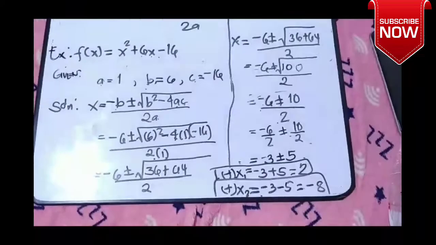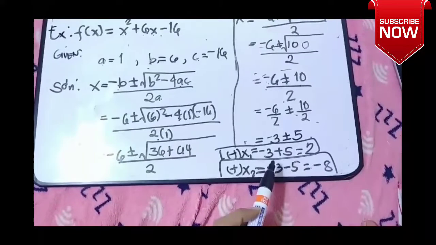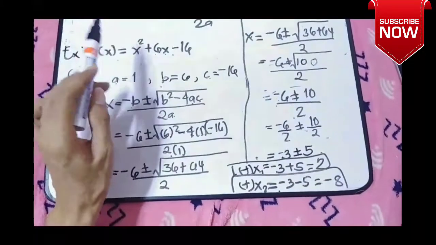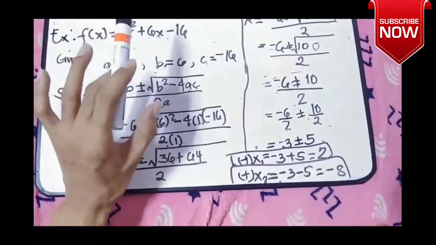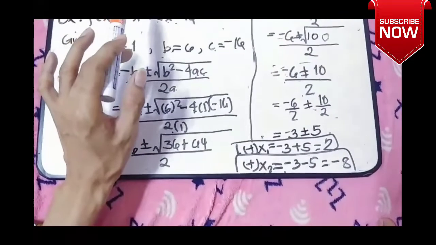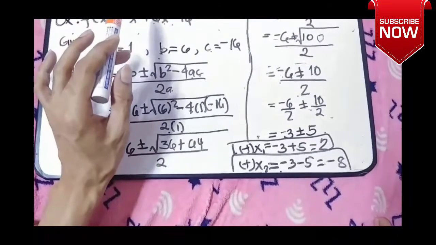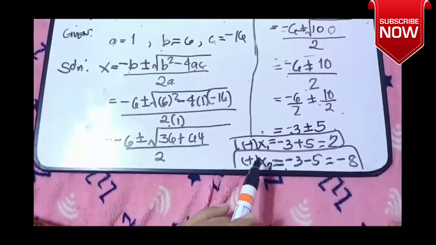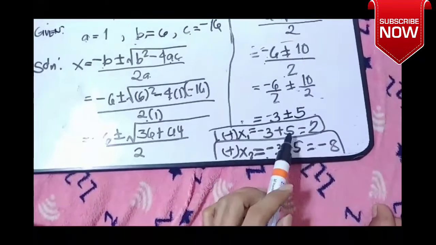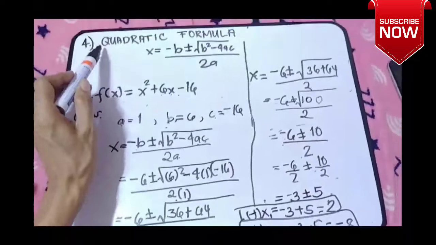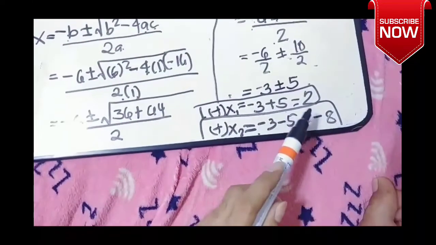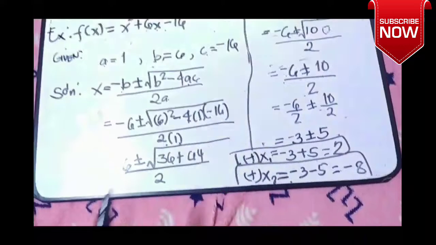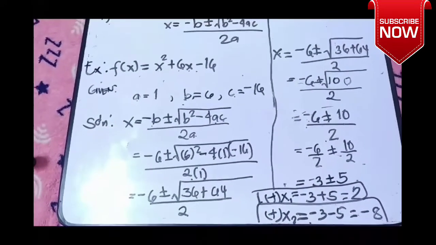Bale, hindi na natin kailangan i-recheck kung magsasatisfy ba sa equation na to dahil we have already proven kanina during the solution natin gamit yung completing the square na satisfy naman. So, ang importante na prove natin na gamit ang quadratic formula ay same lang din ang magiging sagot compare doon sa sagot natin sa completing the square.